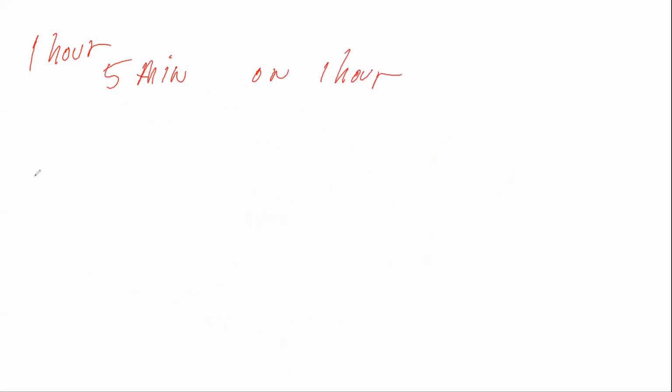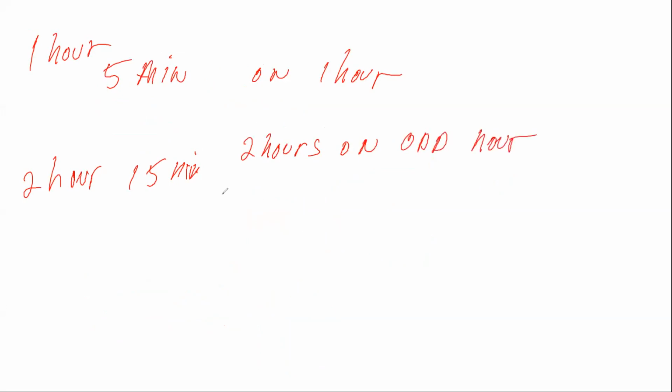When does the 2-hour fire? On the 15-minute chart, well, this fires on every 2 hours, on the odd hour. Make sense? So 11 o'clock, 1 o'clock, 3, 5, 7, 9, and so on.